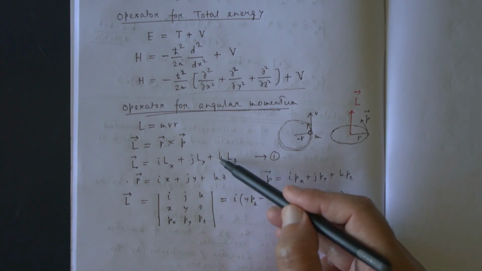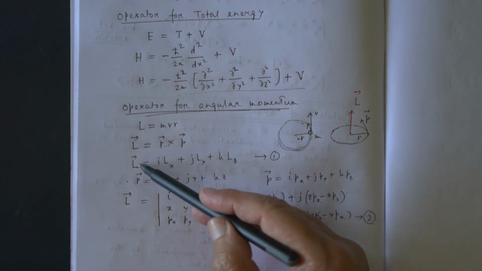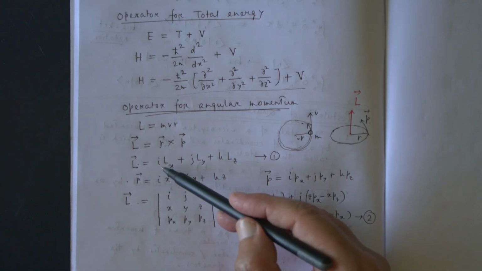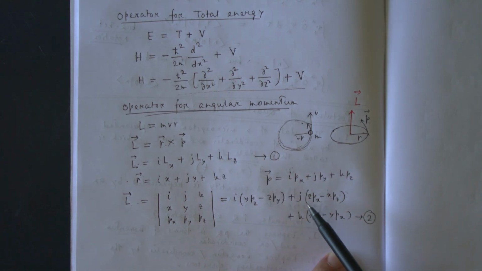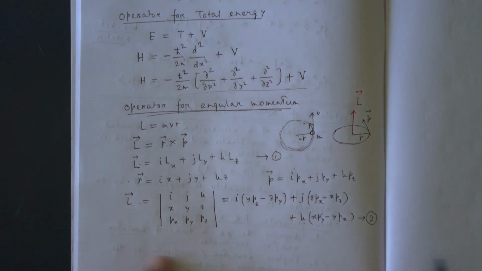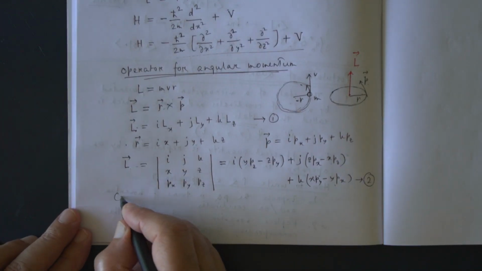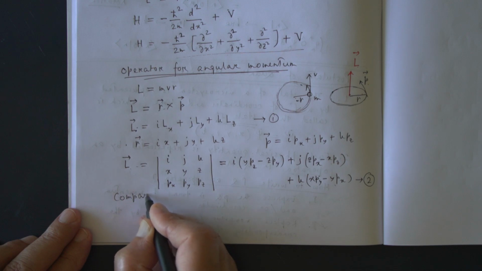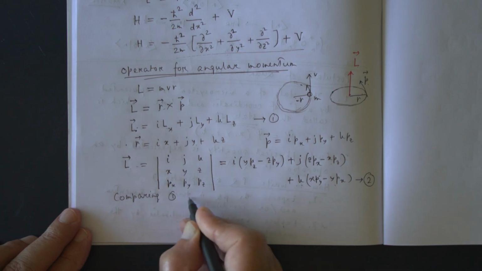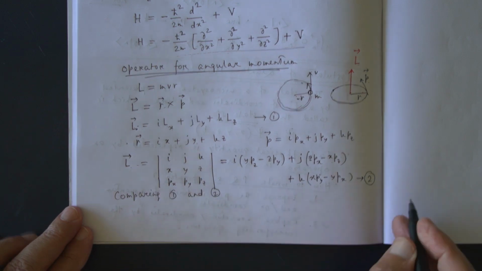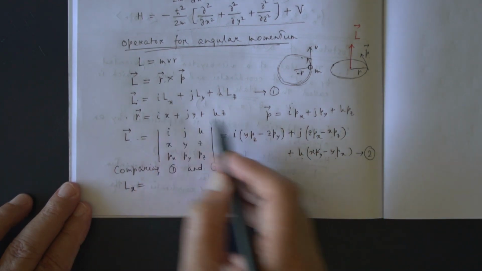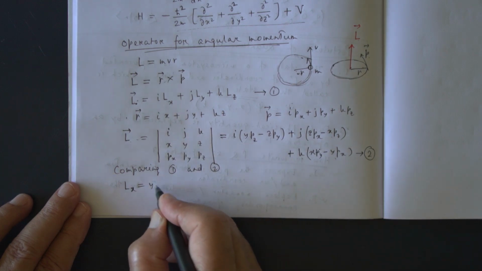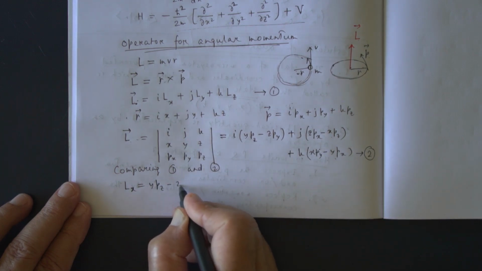Now if you compare 1 and 2, Lx with i, Ly with j, Lz with k, what do we get? Lx will be equal to ypz minus zpy.